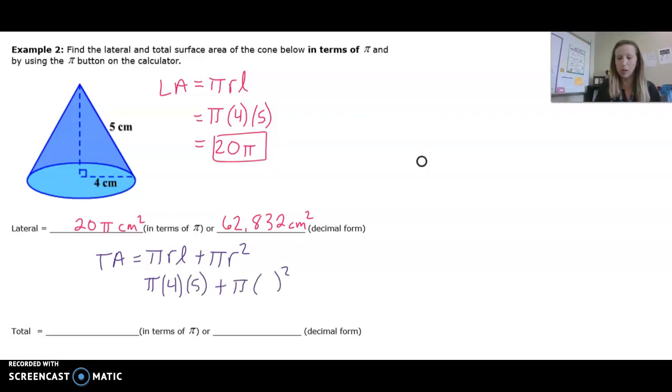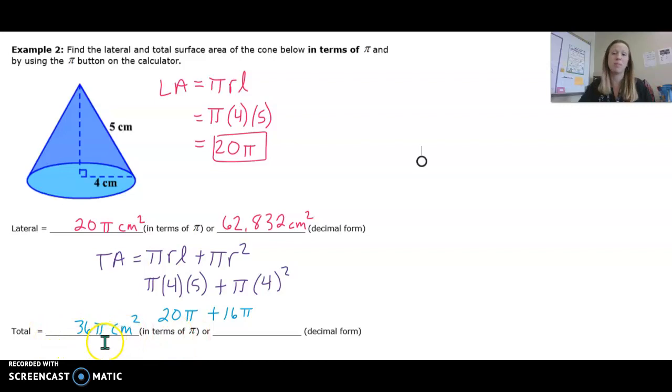And now we need to plug in the radius again right here and square it. So our radius is 4. So let's see, 4 times 5 is 20. So here we get 20 pi. And then 4 squared. Remember, that means 4 times itself. 4 times 4 is 16, 16 pi. And when we add those two together, we get 36 pi. 36 pi centimeters squared.